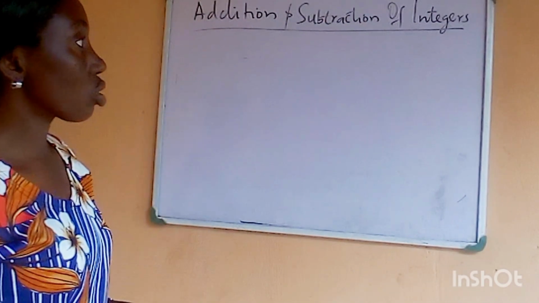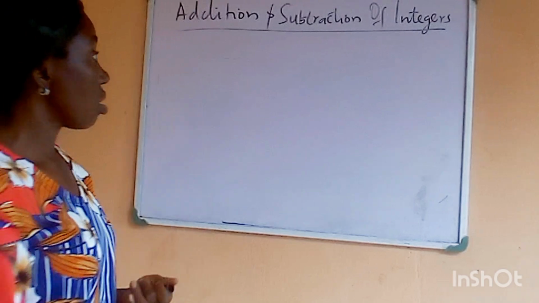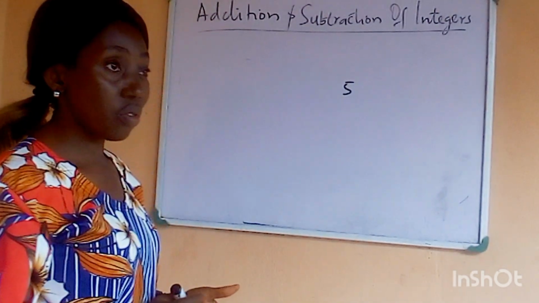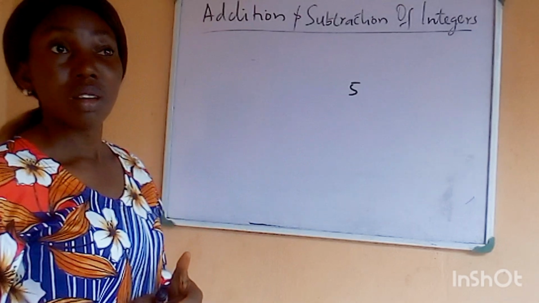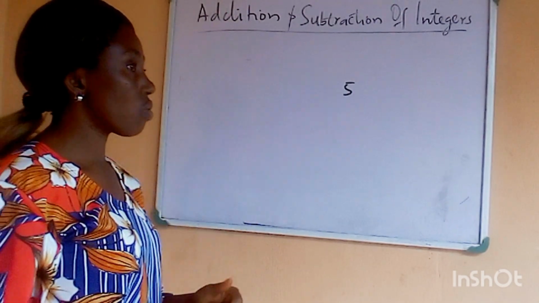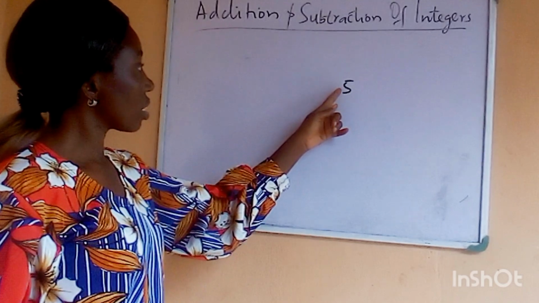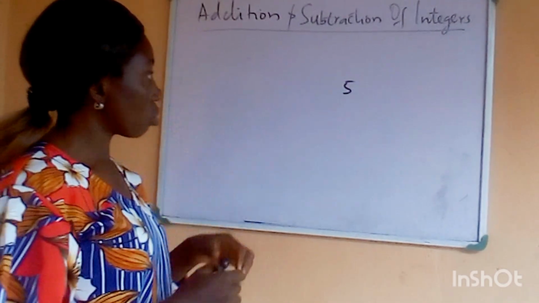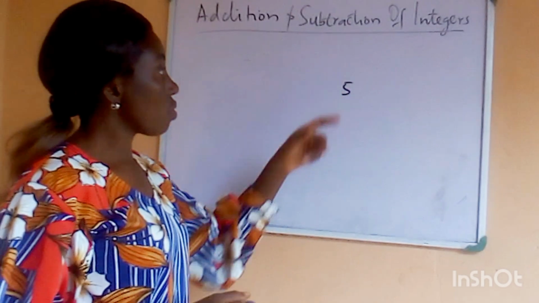So let's look at some examples of integers. Like 5. 5 is an integer. It is not a fraction, neither is it a decimal. So this is a whole number and it is positive, though the plus is not written, it is invisible. So this is a positive integer.